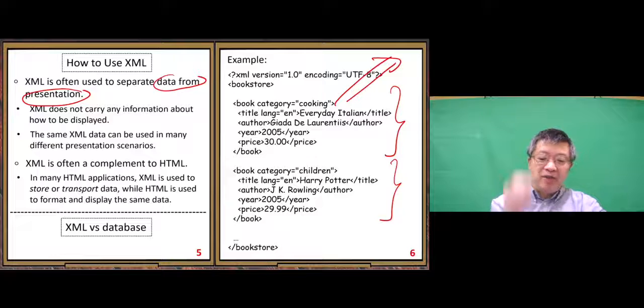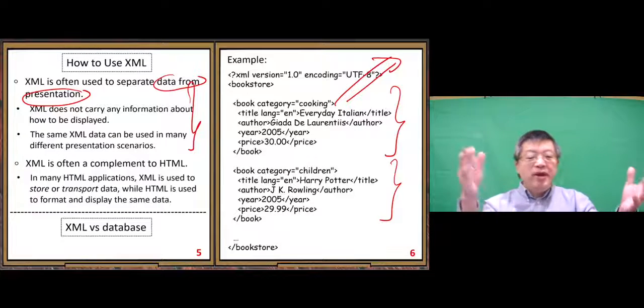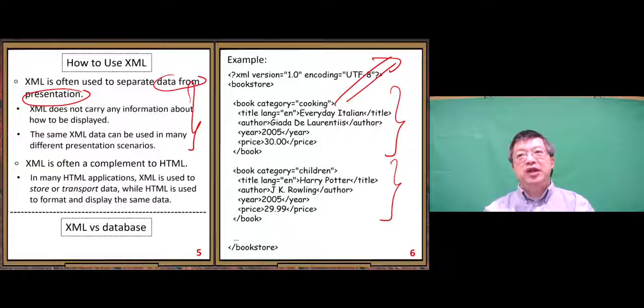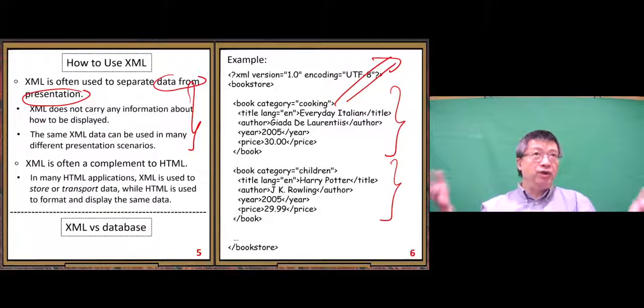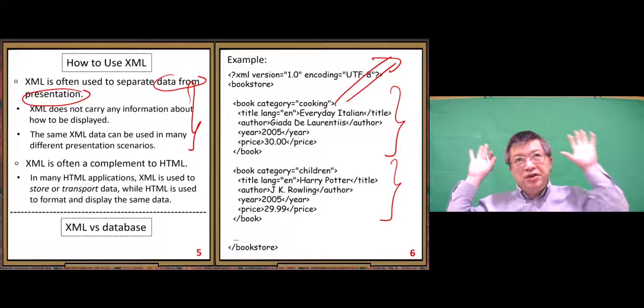But here I want to compare it from another angle: XML versus database. When we talk about so many great things, it looks just like a database, right? You store your data in a generic, neutral way, and many different applications can use this format.